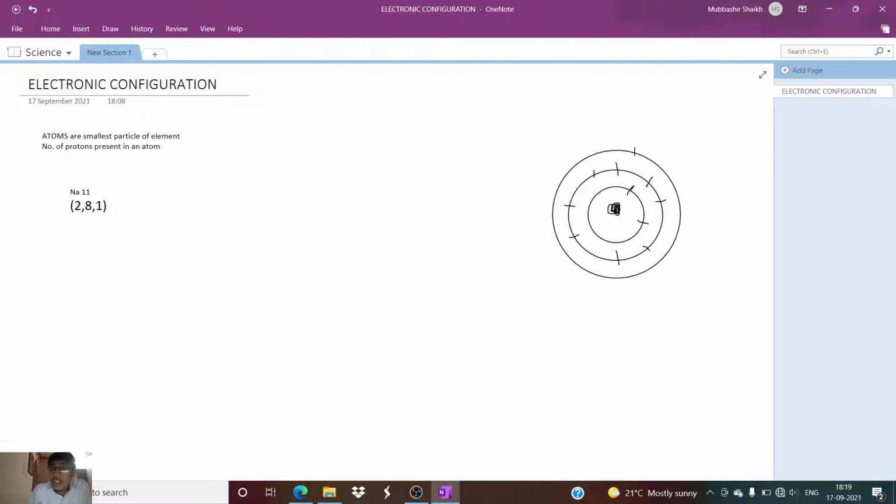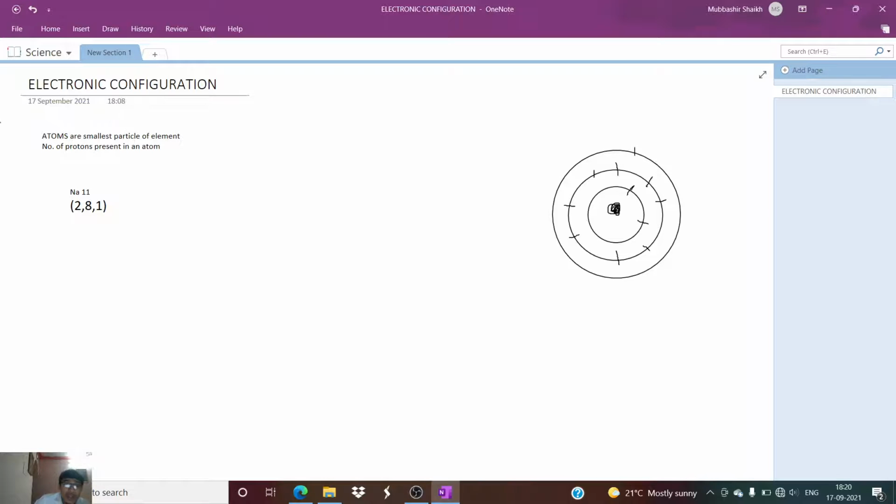The first shell is the K shell, the second shell is L, and the third shell is M shell. I have taken only 2 electrons in the first shell, 8 electrons in the second shell, and obviously only 1 is left, so the last electron is in the last shell. How can we define the number of electrons in a shell?